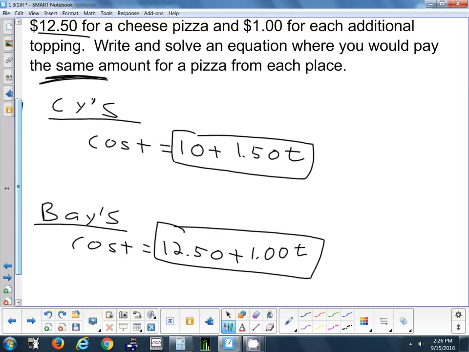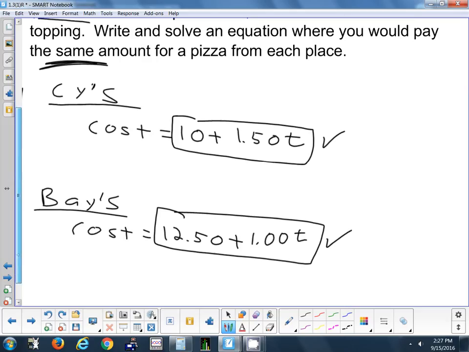Has a symbol named after it. Equal. Yeah, I want to know when this cost equals this cost. That's what it means for them to be the same.